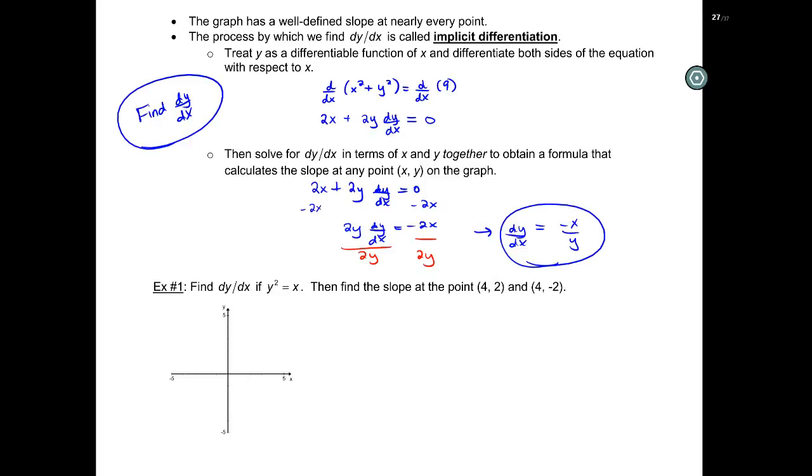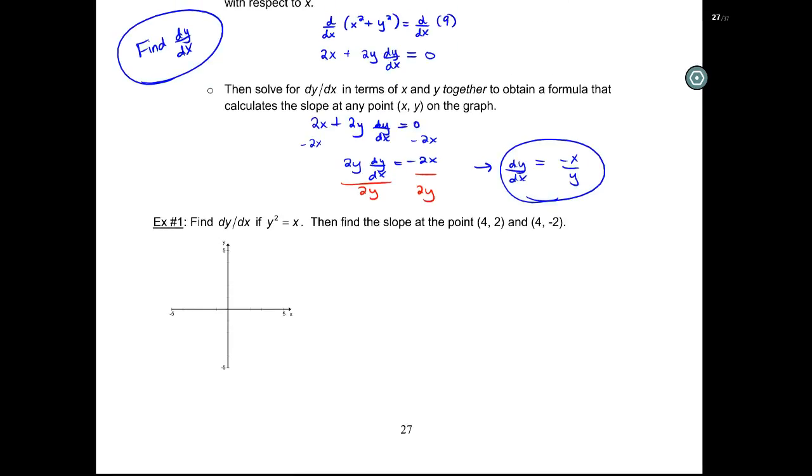Makes sense? So now on that circle, if I gave you the point, well, it'd be like 1 and then like 2 root 2, because x squared plus y squared equals 9. So if I gave you those points, you could find the slope at different points on the circle by just plugging both of them in.